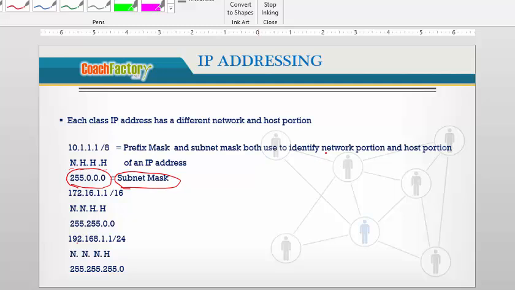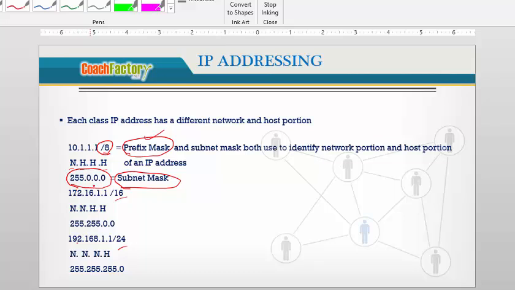Now what is this subnet mask? Subnet mask is used to identify the network and the host portion of an IP address. By seeing the subnet mask, you can tell how many network and how many host portions this IP address has. We also have something known as prefix mask. Whenever you write /8, /16, /24, these are known as prefix masks.